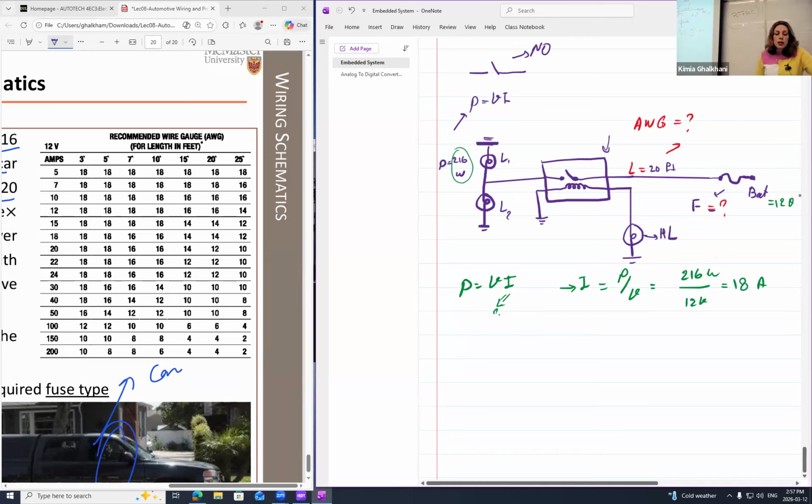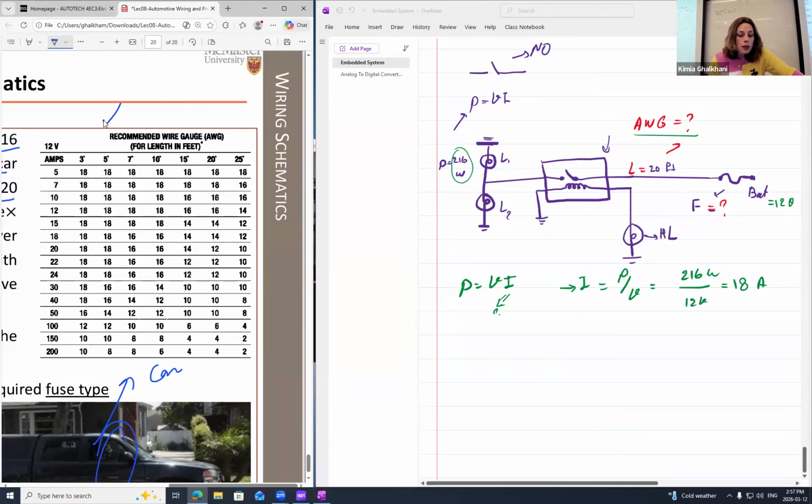So far, so good. Now, based on the current and distance from the power source, we can select the proper wire gauge. Remember, this is our variable to find. We have to have a good understanding of this table to be able to do it. This is what we call the AWG selection table.